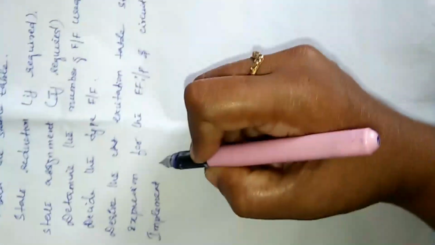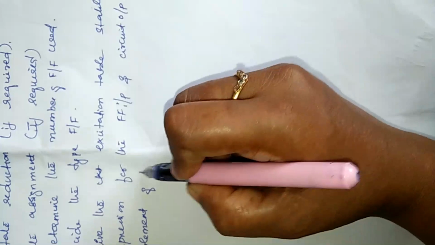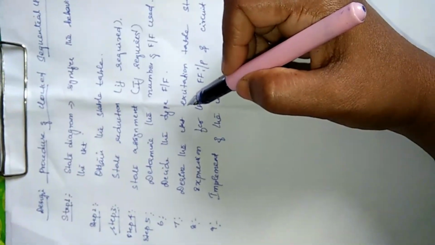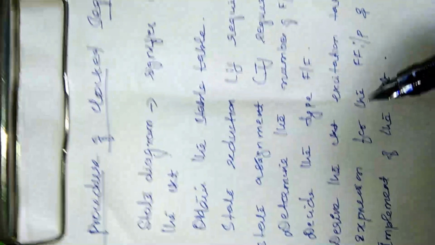And the last step is we'll have to implement the circuit, which is called the logic diagram. So these are all the 9 steps used to design the clocked sequential circuit, which is very, very important.